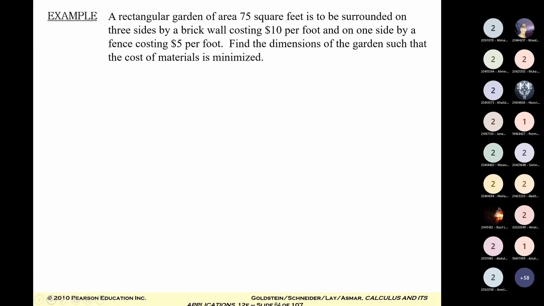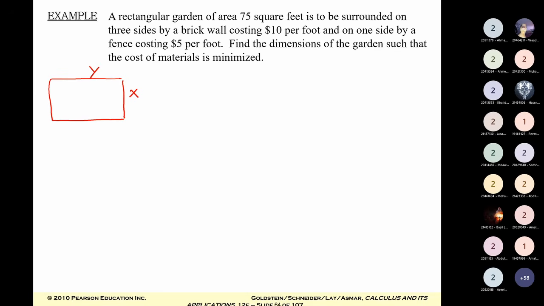And the third example talks about a rectangular garden of area. This rectangle has x and y as its dimensions, with area 75.